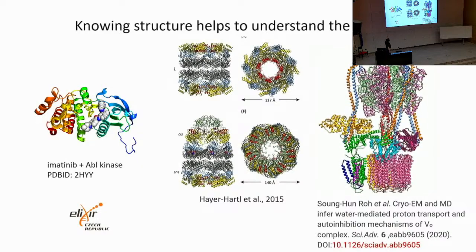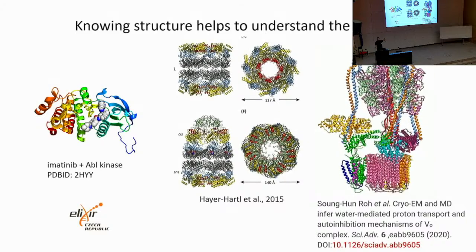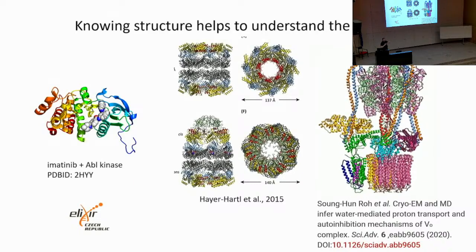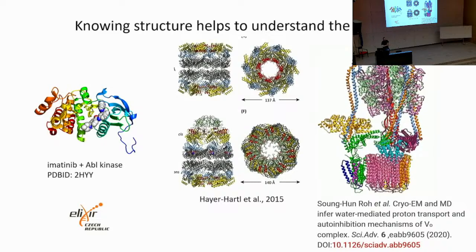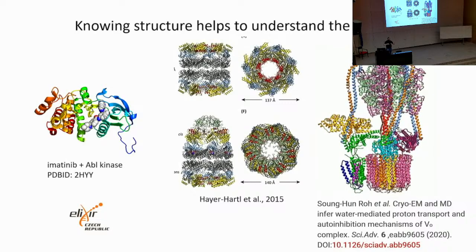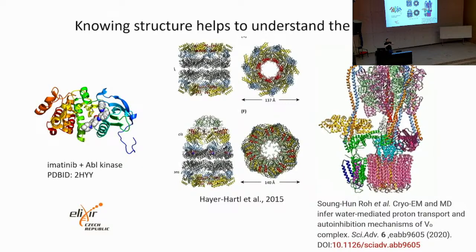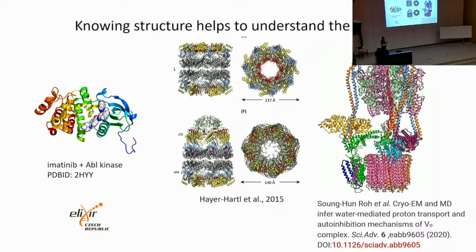You can see these types of kinases are quite important for anti-cancer drugs, because you basically would like to stop the kinase in order to stop the division of the cancerous cell. And once you know the structure, you can try to generate the molecule which will be binding to it, as an inhibitor, basically to block this kinase from its function.